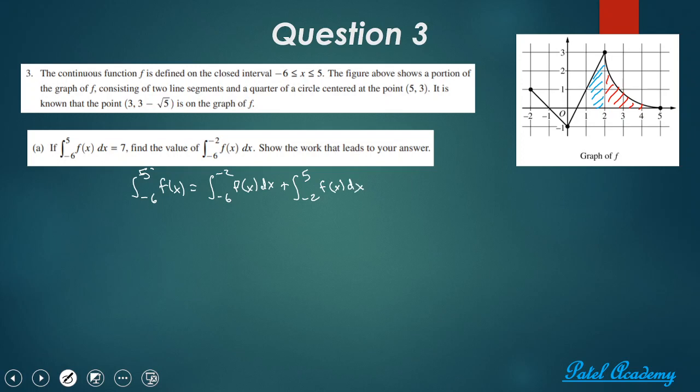Well, why does that help us? It's because this graph has given us the geometry, the shapes needed to calculate this integral from -2 to 5. And so we have 7 is equal to, I'm going to label this with some value, I'm just going to call it alpha, so that it's a variable, easier to look at in the equation than writing this integral constantly. And then what do we have over here for this integral? Well, in this purplish color, I'll indicate what has the exact same area.